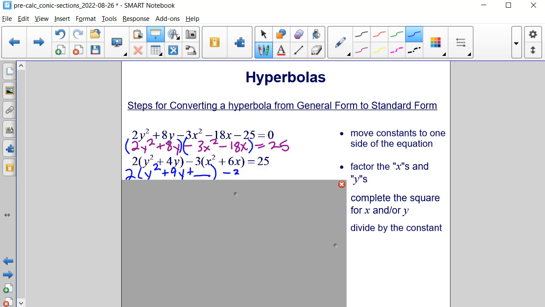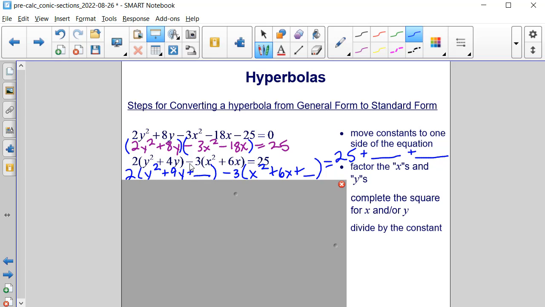We have minus 3, still have our x squared plus our 6x plus a blank to complete the square there, and then that's going to be equal to still 25, but we are going to add 2 blank spaces here that we are going to add or put extra constants in order to finish the problem. Because remember, whatever you do to one side of the equation, you have to do to the other.